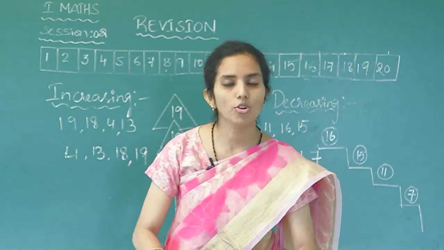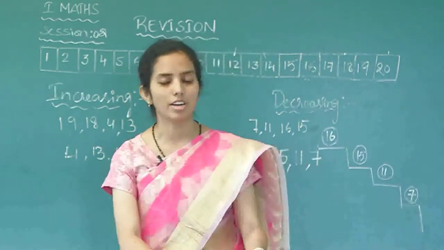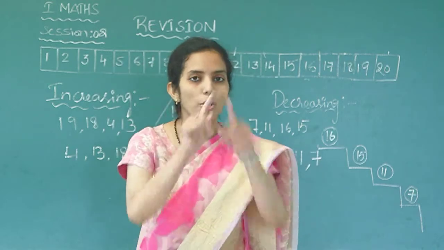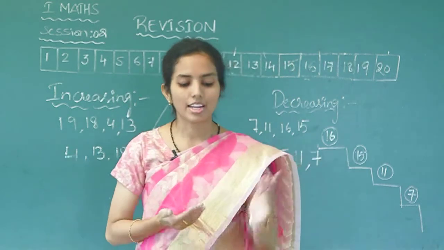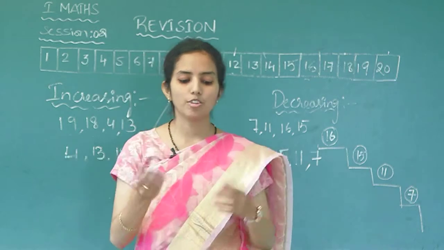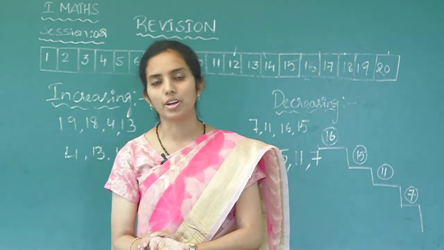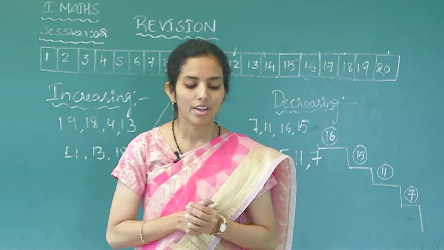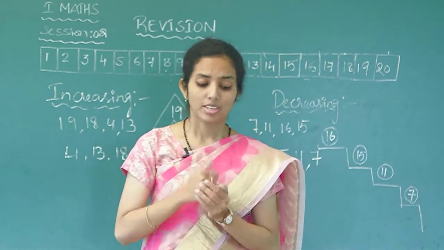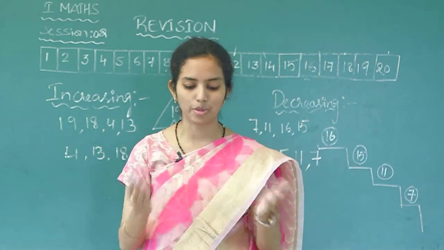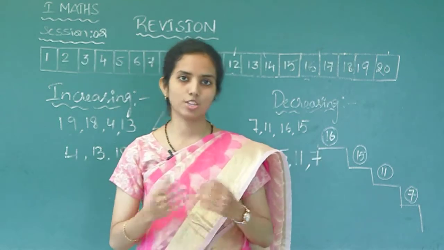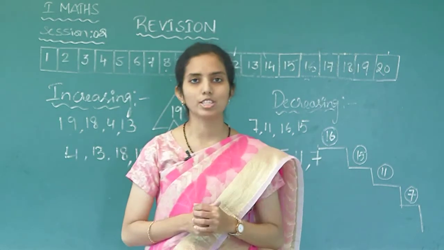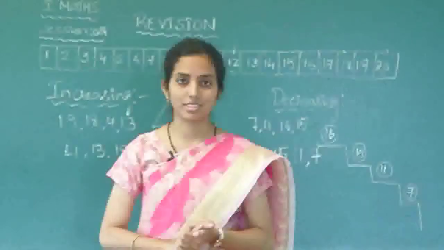All of you have already learned the number names. So, write in the box that is provided. And the second question is write before number and after number. That is also very simple. And the third question is circle the smallest number and biggest number given in each basket. That is also very simple, smallest and biggest.